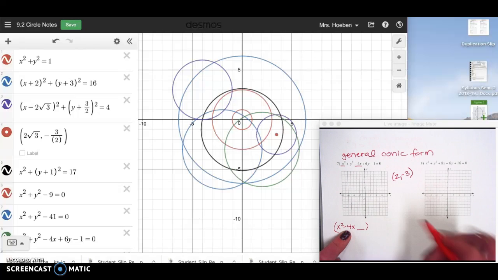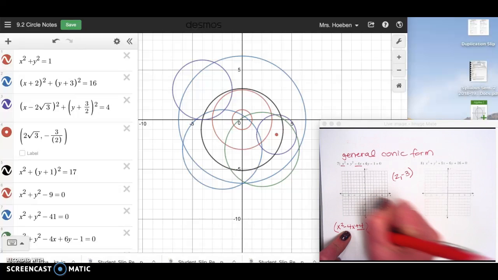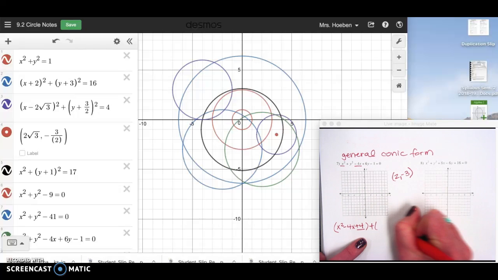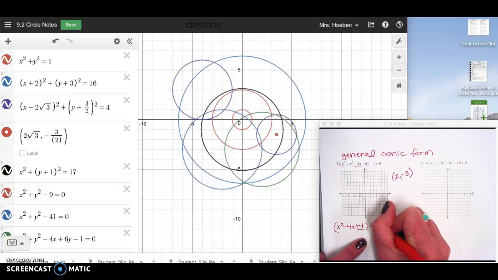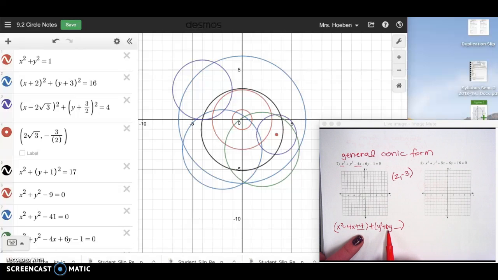So -2 squared is +4. Okay? Let's do the same thing with the y's. So we're going to take the y squared and the 6y, take half of the 6, which is 3, and then square that 3. 3 squared is 9. So we're going to write a 9 there.